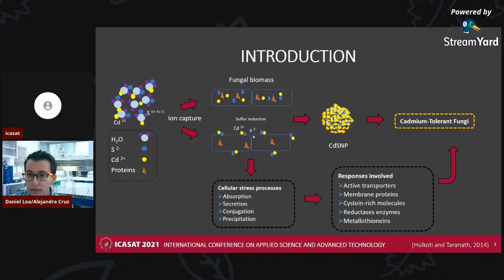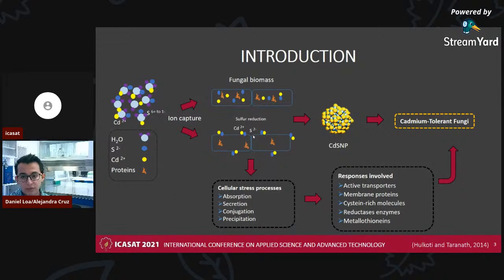For these reasons, cadmium-tolerant fungi are promising organisms because they are adapted to adverse conditions to avoid or reduce metal toxicity or metal solubility.